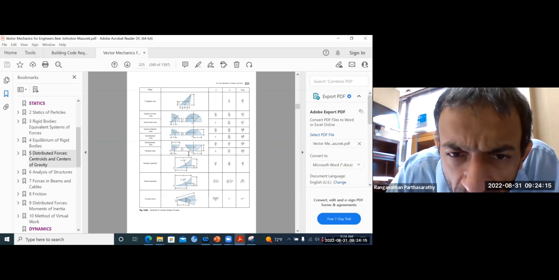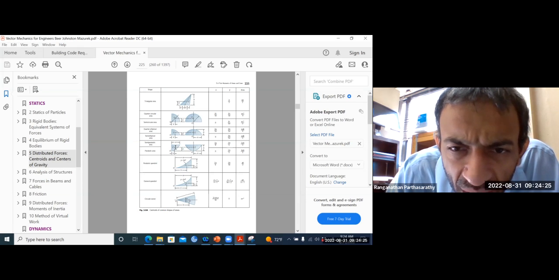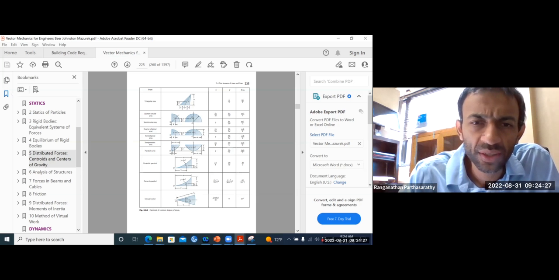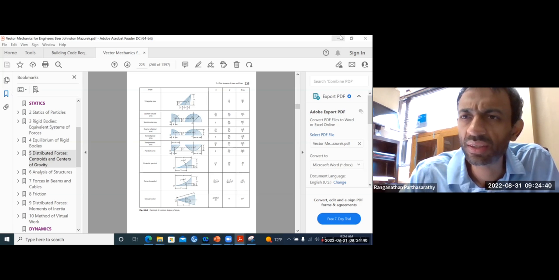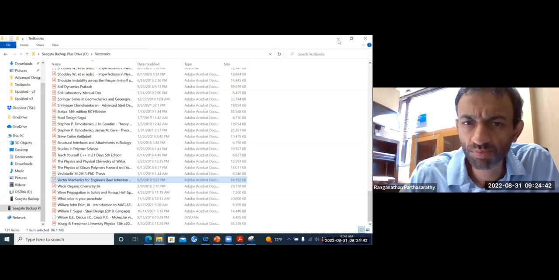Okay, so for a parabola, distance from the left end is 3/8, and distance from the right is 5/8. Okay, let's do that.